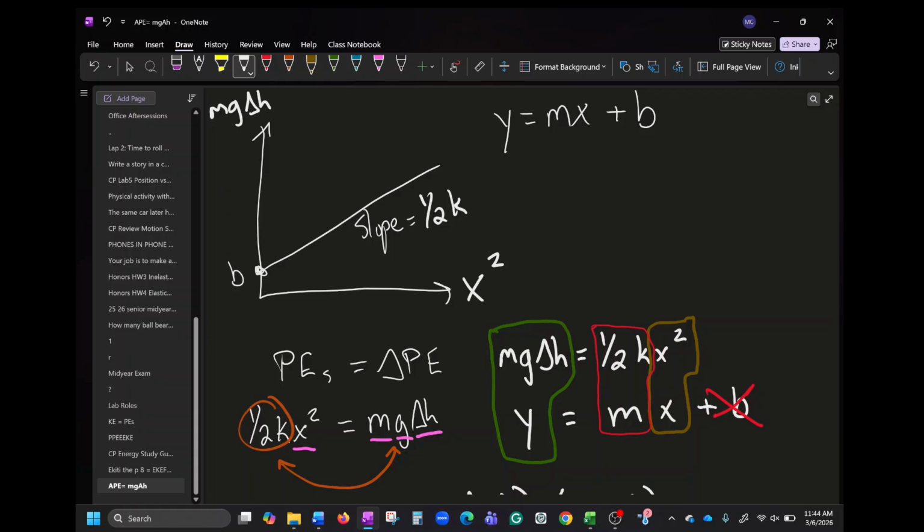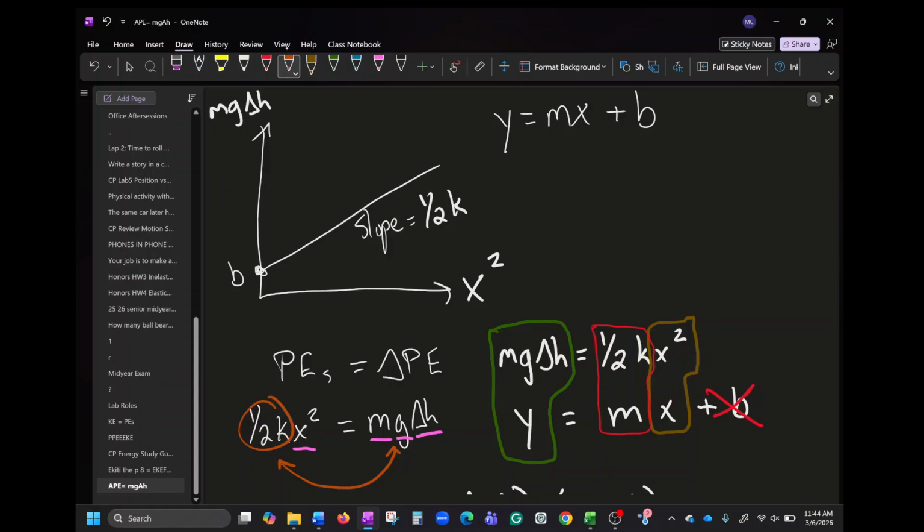It lines up with m, if mgh is y and x squared is x. I know there's two x's there and that's confusing, but x in the physics equation is compression distance, and x in the standard slope-intercept form is the x-axis. It is nice that they line up.